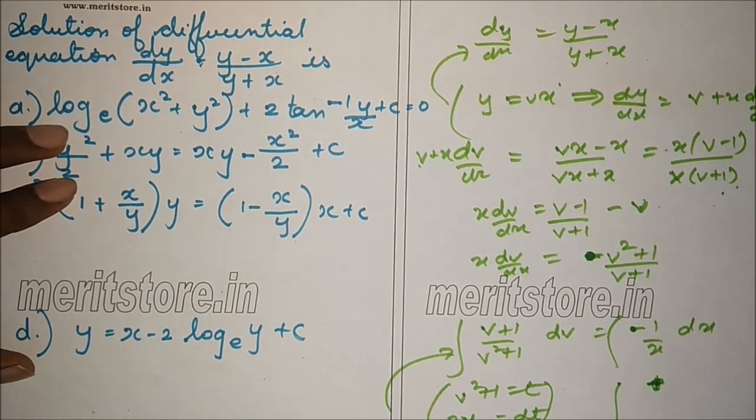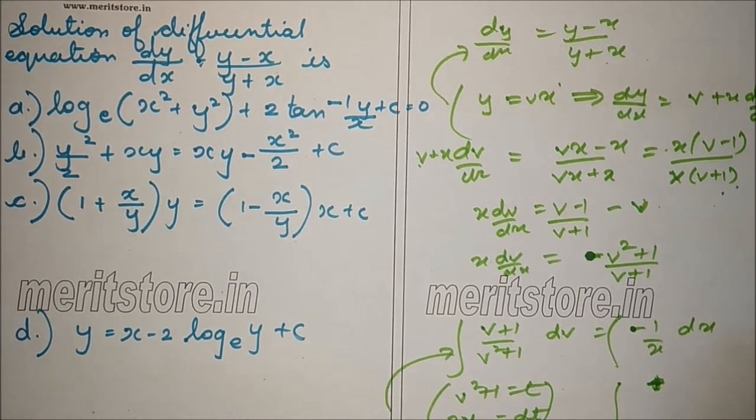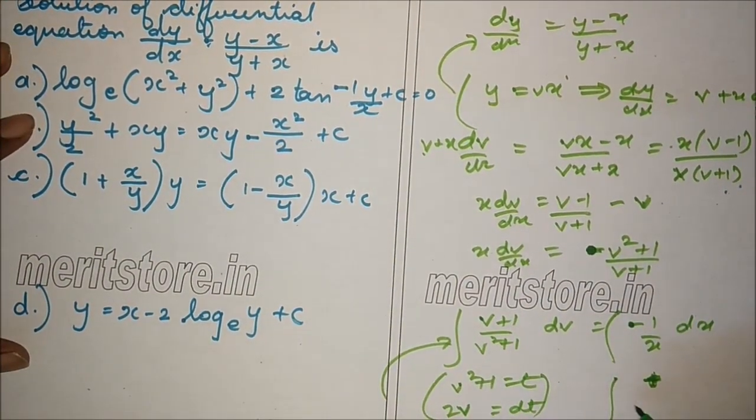Now v plus 1 we can split this term into v by v square plus 1. We'll solve it separately.